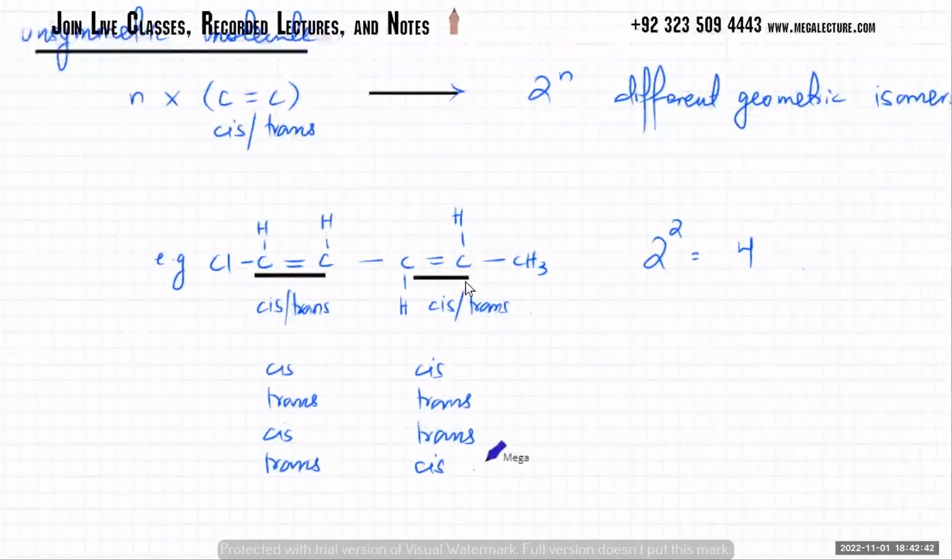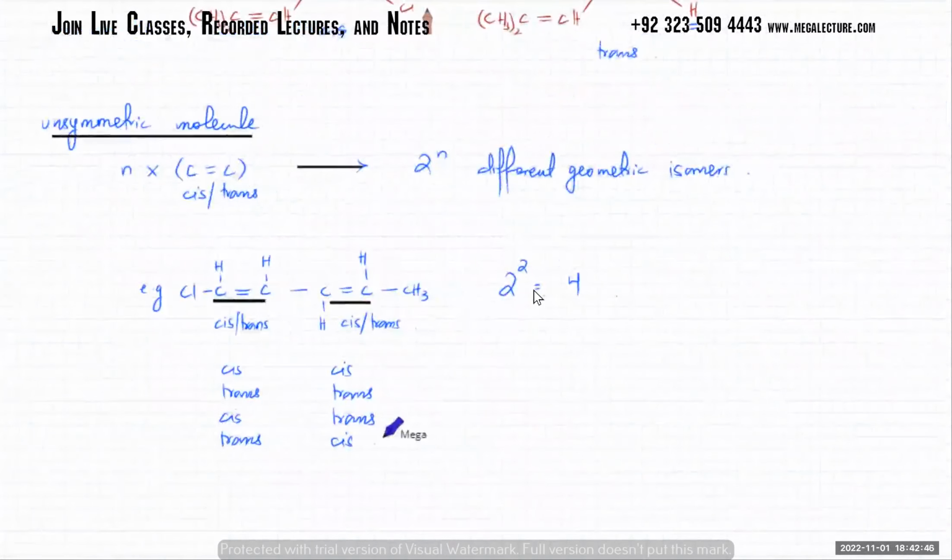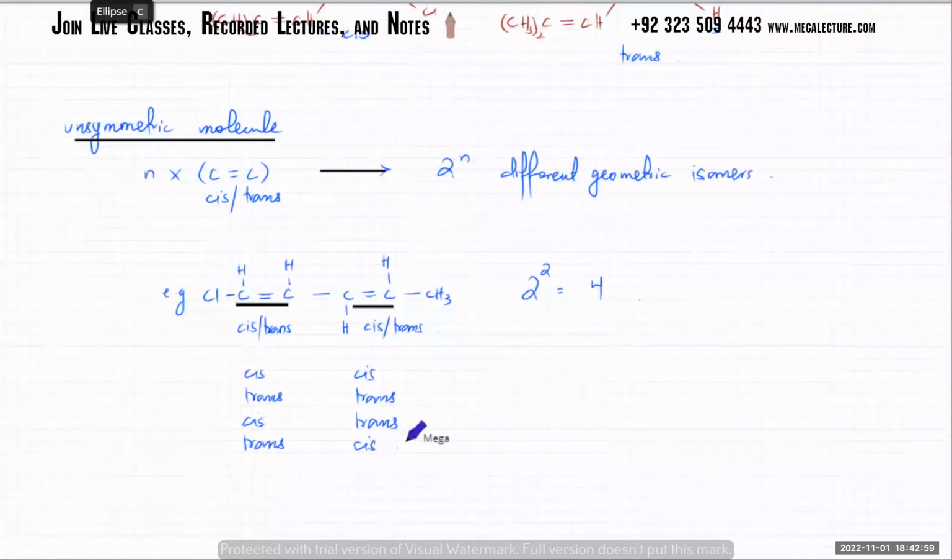And if there were 3, you would have 8. In symmetric molecules the number reduces, because left and right are the same, so cis-trans and trans-cis would be exactly the same. Okay, is this clear?